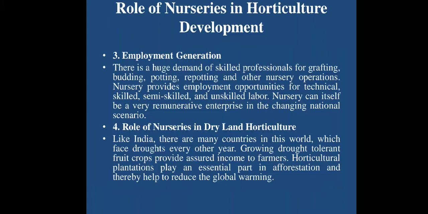Role of nurseries in dryland horticulture. Like India, there are many countries in this world which face drought every year. Growing drought tolerant fruit crops provides assured income to farmers. Horticultural plantations play an essential part in afforestation and thereby help to reduce global warming.